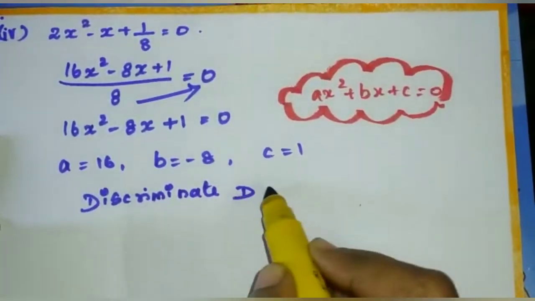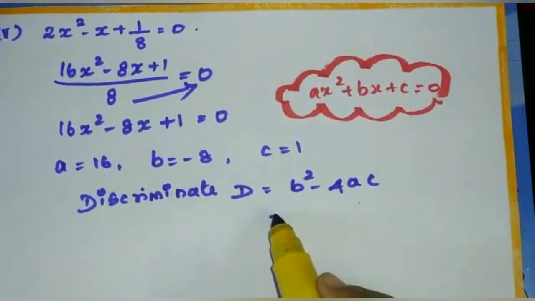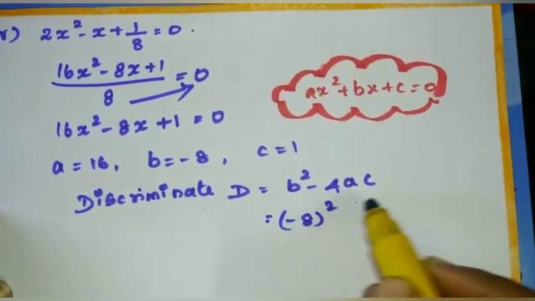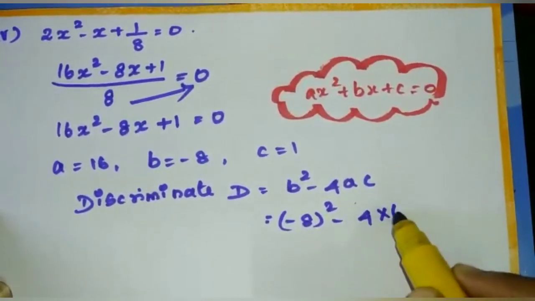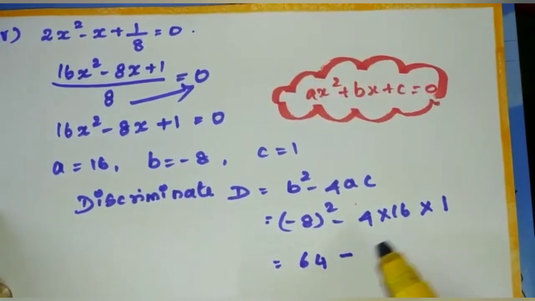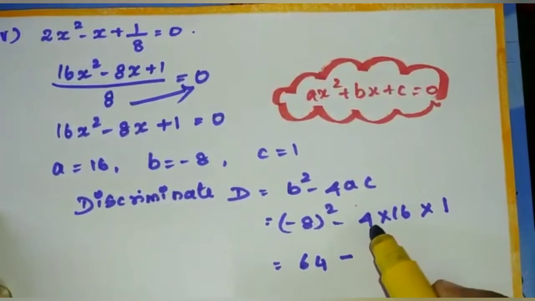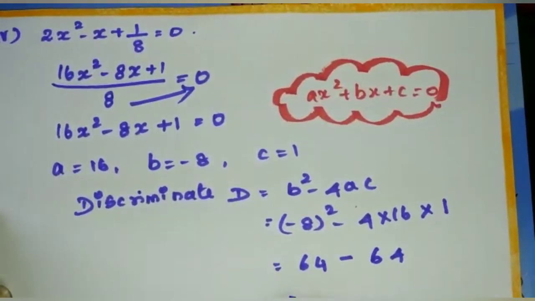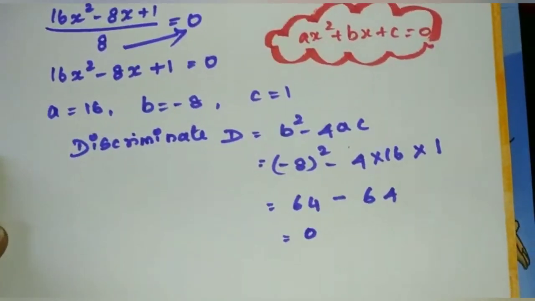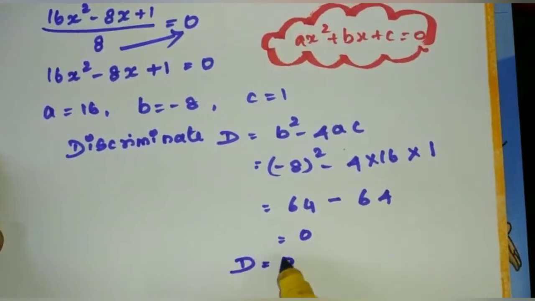So the discriminant D is equal to b square minus 4ac. Then b square is minus 8 the whole square minus 4 into 16 into 1. 64 minus 4 into 16, 6 4s are 24, 2 carry over, then 64. So 64 minus 64, what will you get? 0. So you got the value of discriminant D is 0.